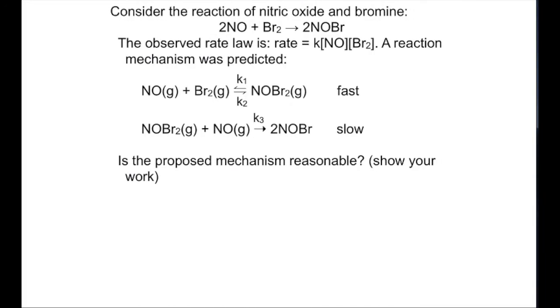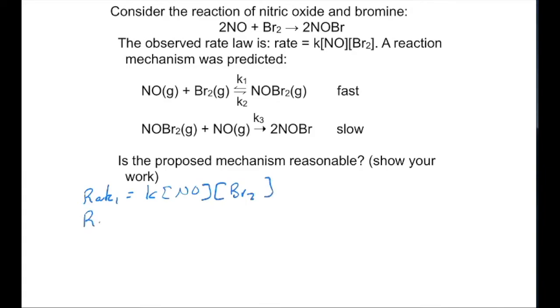So here's the question again, and I'm going to go through this one a little more quickly, but it's the same steps as I went through on the previous slide. First I'm going to write out rate 1, rate 2, and rate 3. Rate 1 equals K1 times the concentration of NO times the concentration of Br2.